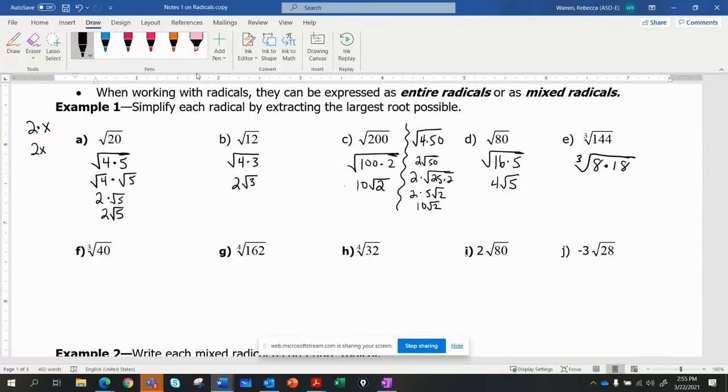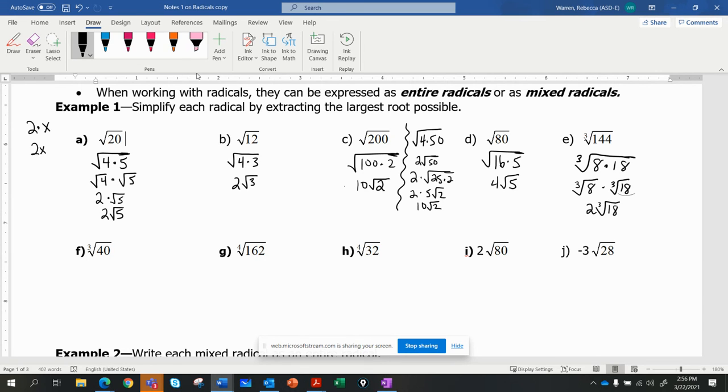The cube root of 8, so this is our first one, so I'll write it out, times the cube root of 18. Cube root of 8 is 2, and then I'm left over with a cube root 18 that I can't break down anymore. So it just stays cube root 18. So my final answer would be 2 cube root 18.